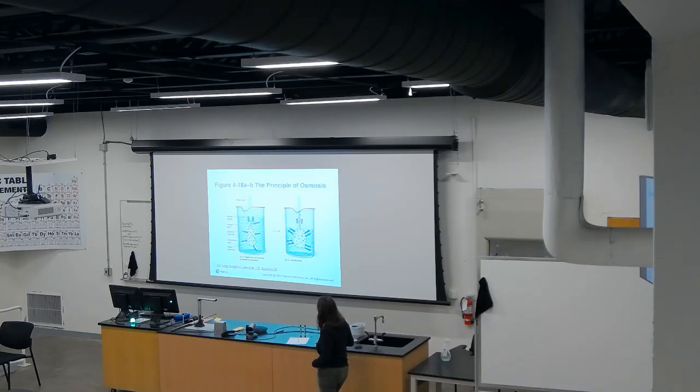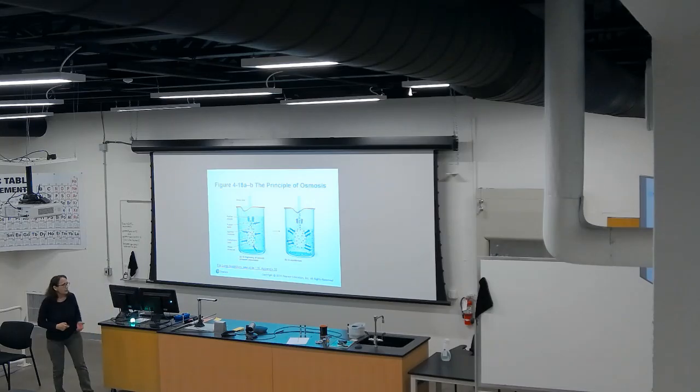When you reach equal concentration of water here and here, that will be the equilibrium. So don't think that the water will move indefinitely. So then you will reach equilibrium. That's osmotic pressure, preventing more water from moving.